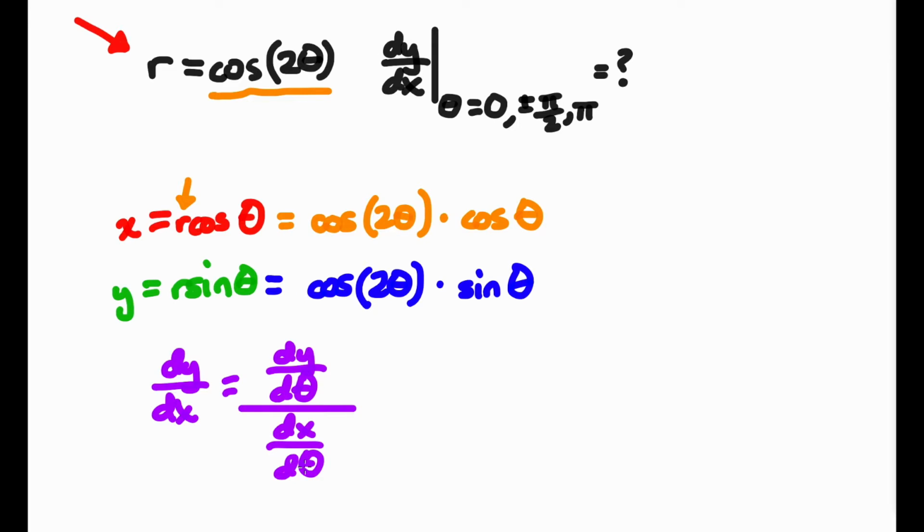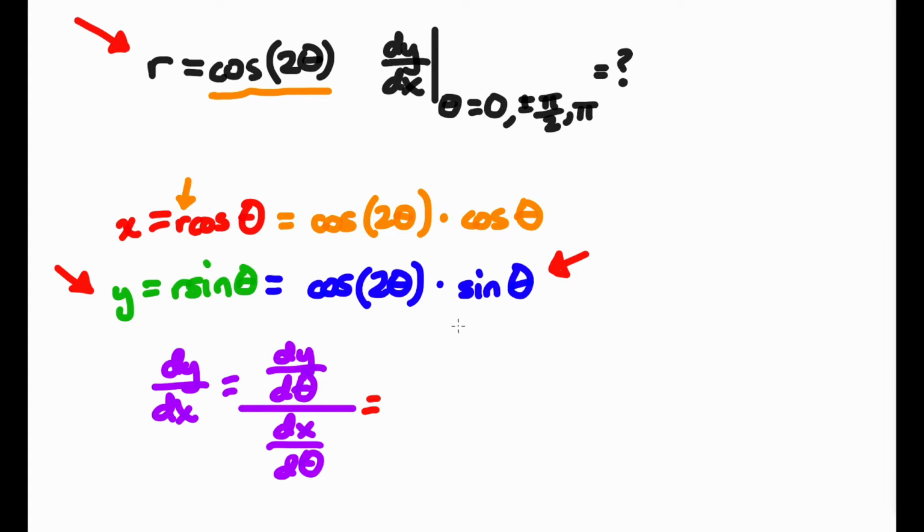So first thing we're going to need to do is find the derivative of this y right here with respect to theta. So we're going to find the derivative basically of this blue right here, and it looks like we're going to have to use product rule because we have a function times this other function here, as well as some chain rule.